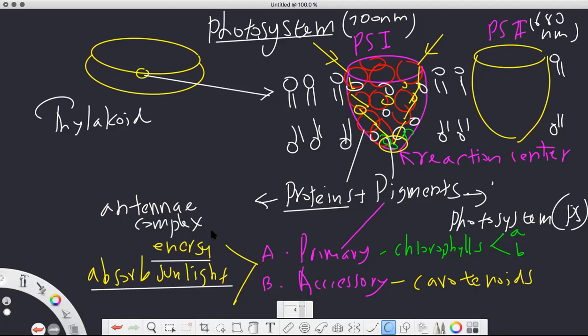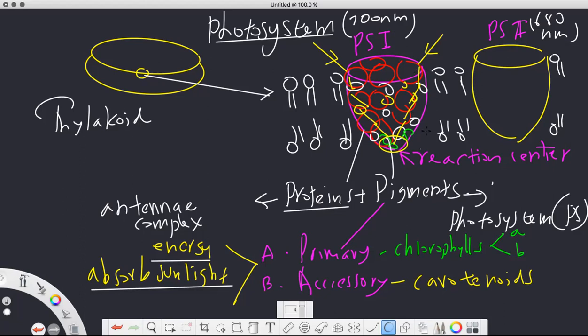So we have to look a little bit at the light spectrum and why the light spectrum has different ranges, and these photosystems, collectively the primary, accessory pigments and proteins, can absorb largely light ranging from 700 nanometer.